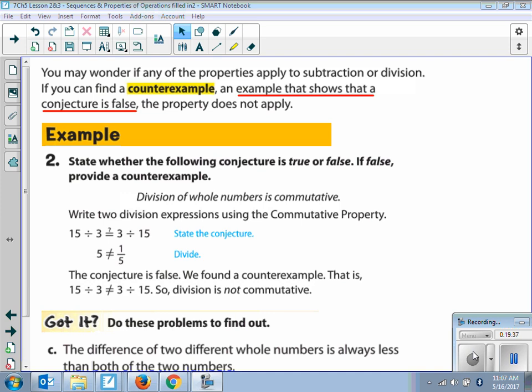And then flip it around with the commutative property, 3 divided by 15. That's 1/5, right? So 5 is not equal to 1/5. That is my counterexample. That tells me that the conjecture is false.